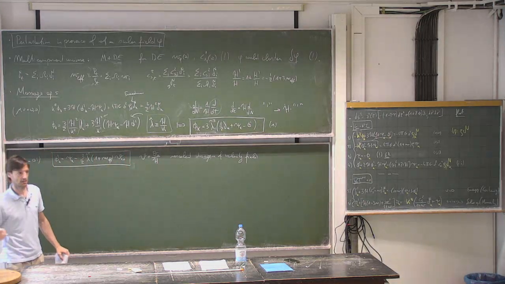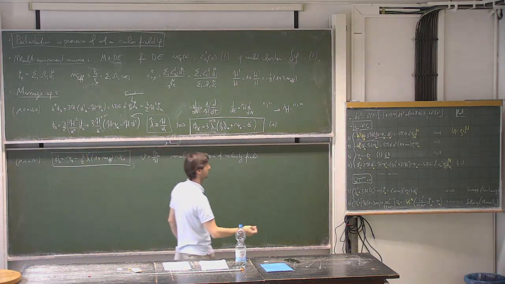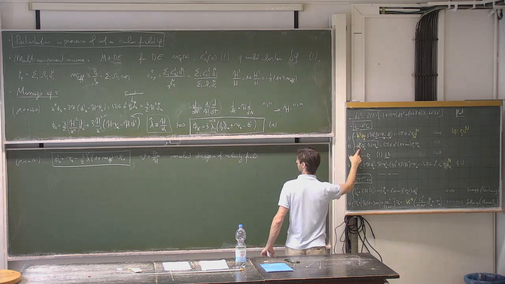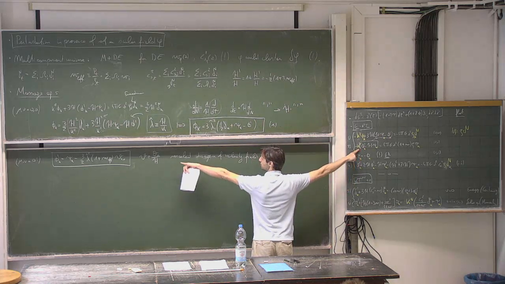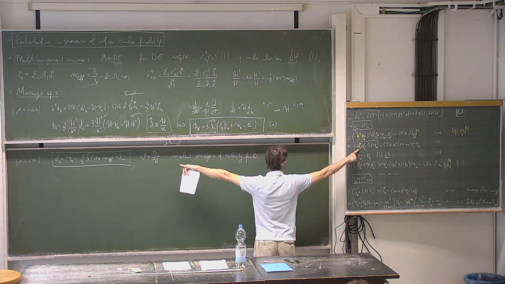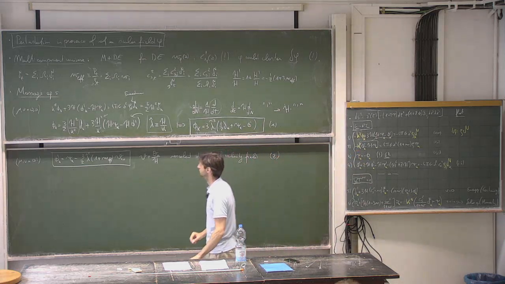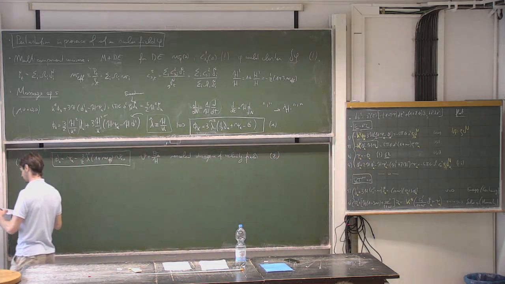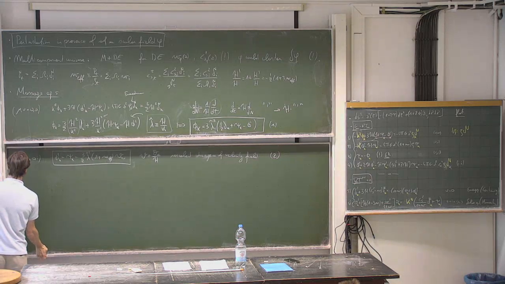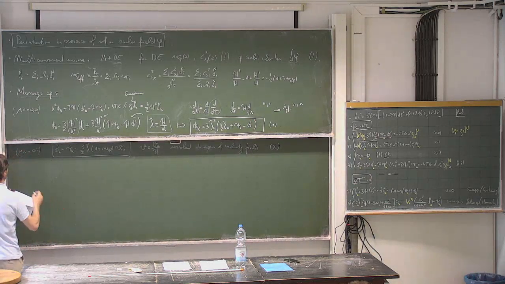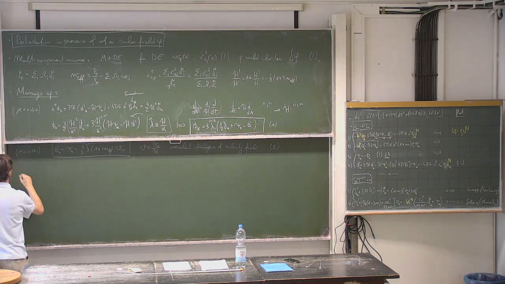Again, no physics is involved, just a change of variable for the time component, and I introduced that guy. That's this expression. Okay, that's equation 2. Then we can have equation 3.